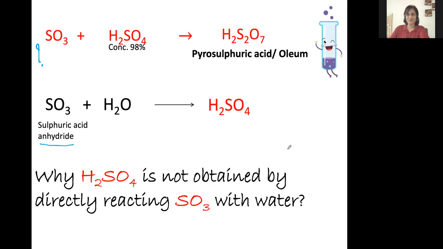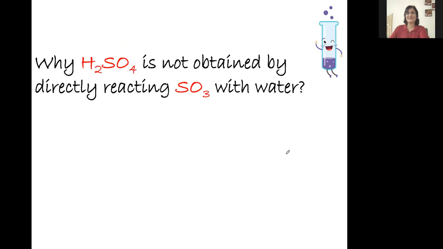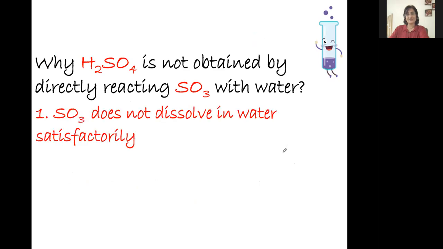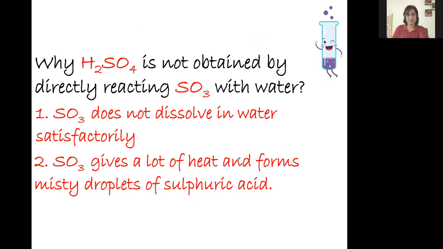Well, scientists have tried that. It is not obtained directly with water because SO3 does not dissolve in water satisfactorily, and we need a good output of H2SO4. At the same time, when SO3 is dissolved in water directly, a lot of heat and misty drops of sulfuric acid are formed. So we don't have enough output in this manner.